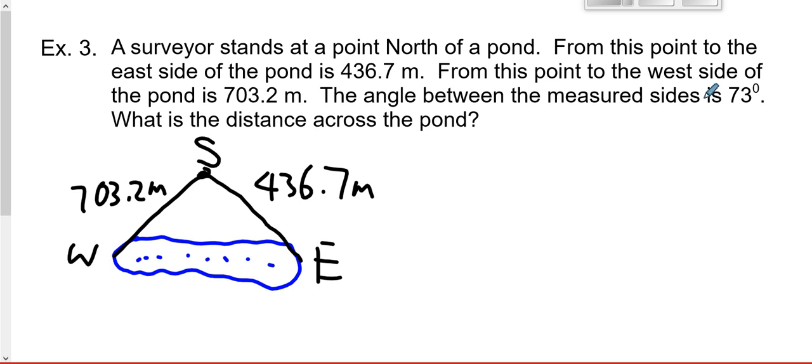The angle between the measured sides, so this side and this side, is 73 degrees. What is the distance across the pond? So from here to here. What is the distance?